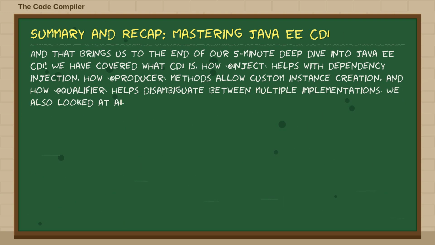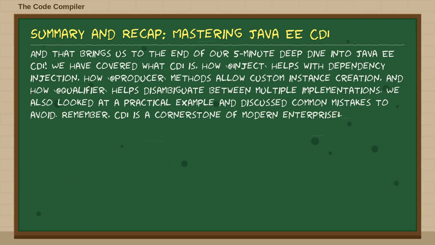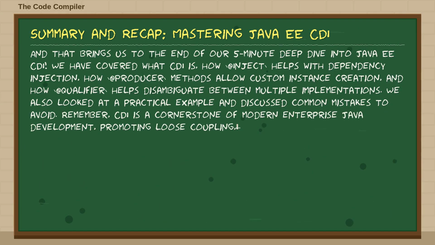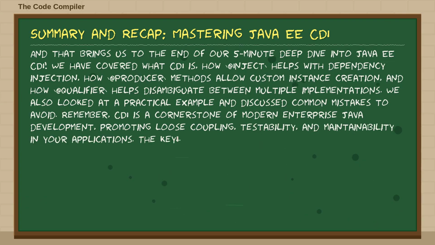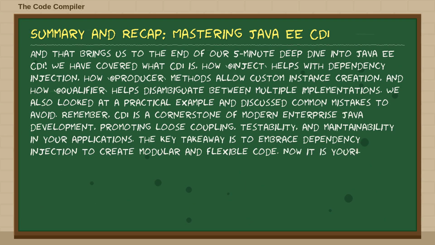We also looked at a practical example and discussed common mistakes to avoid. Remember, CDI is a cornerstone of modern enterprise Java development, promoting loose coupling, testability, and maintainability in your applications. The key takeaway is to embrace dependency injection to create modular and flexible code.